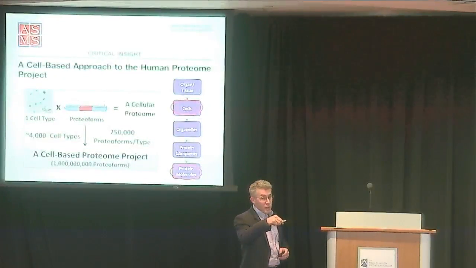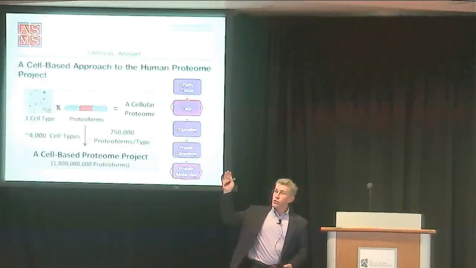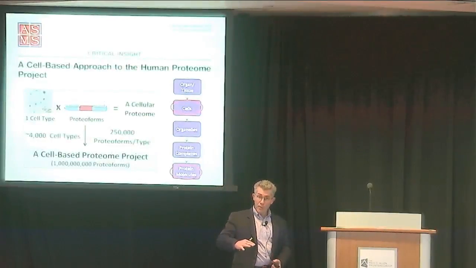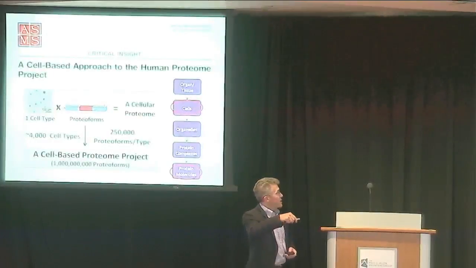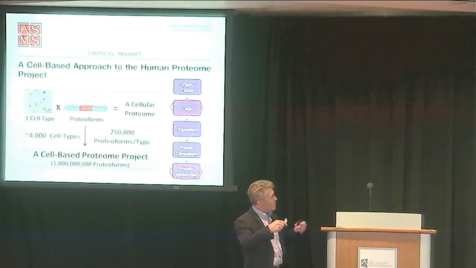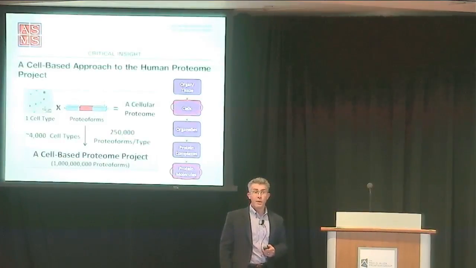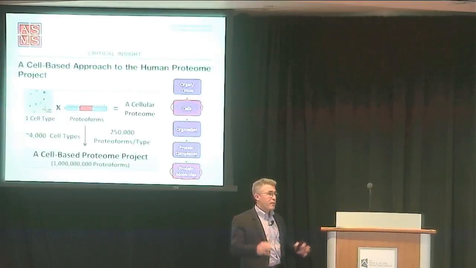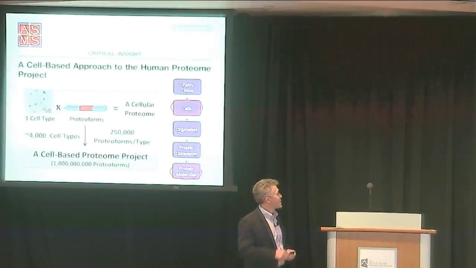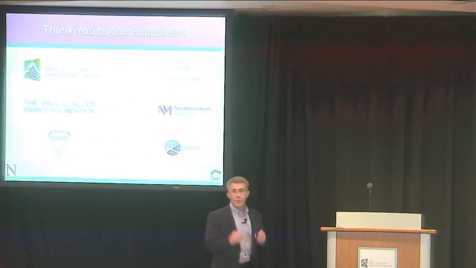And then in each cell type, we would catalog 250,000 proteoforms, do that semi-quantitatively with some combination of top-down and bottom-up, and that would be a billion proteoforms across the human body. That includes glycans and everything, and there's a large conversation about each one of these estimates, and I'd be happy to have that conversation. So I need to finish up.